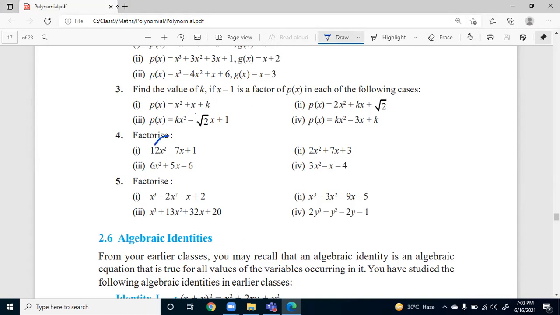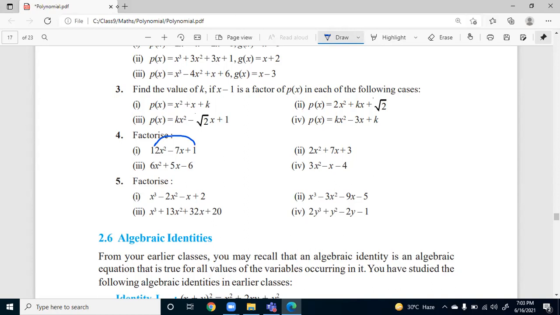So when we multiply the coefficient of first and last term, so 12 into 1, that is 12. The factors of 12 which satisfy the middle term, minus 7, should be minus 3 and minus 4.